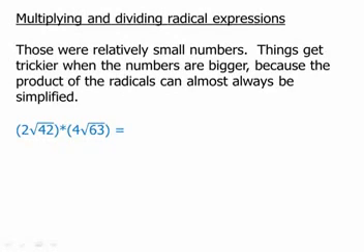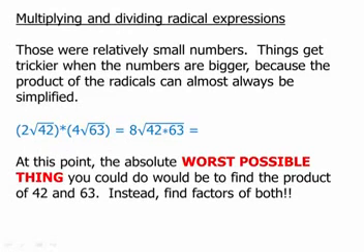So for example, suppose we had something like 2 square root of 42 times 4 square root of 63. Well, of course, the 2 times 4 is 8. That's easy. Underneath the radical, I'm going to have 42 times 63. Well, pause right here. At this point, the absolute worst possible thing you could do would be to find the product of 42 times 63. If we multiplied 42 times 63, we'd get a number larger than 1,000.